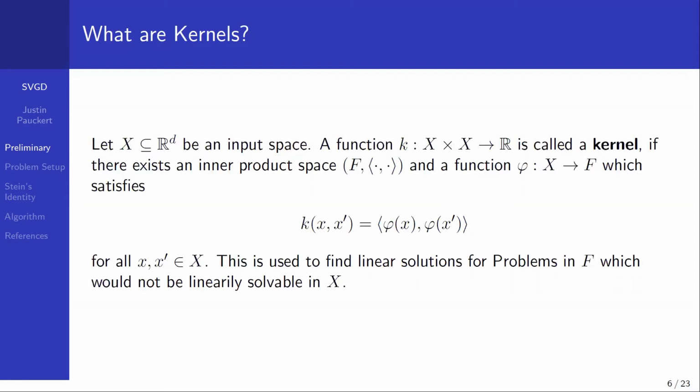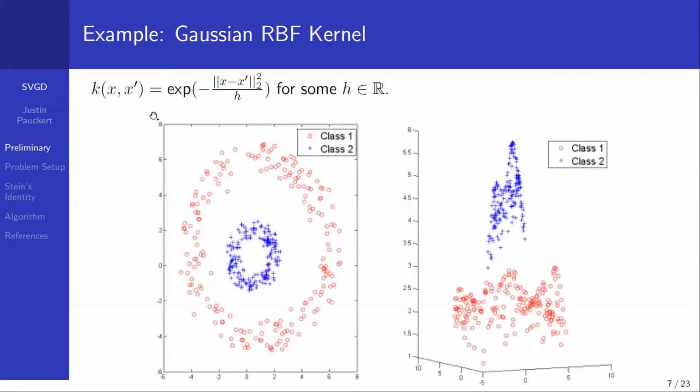And also the fact that we do have a feature space, which is usually of higher dimension, lets us solve problems in a linear way which wouldn't be linearly solvable in our input space that we started with, right? So this is an example of why kernels are helpful.